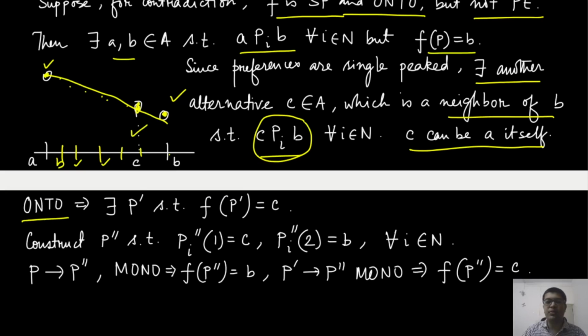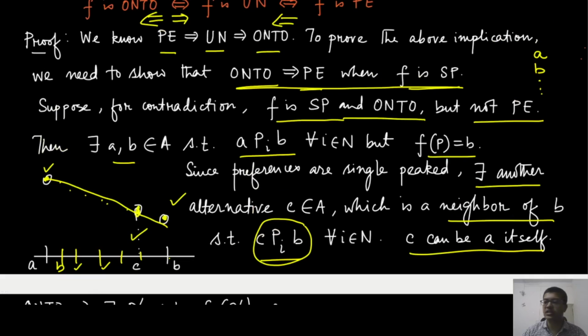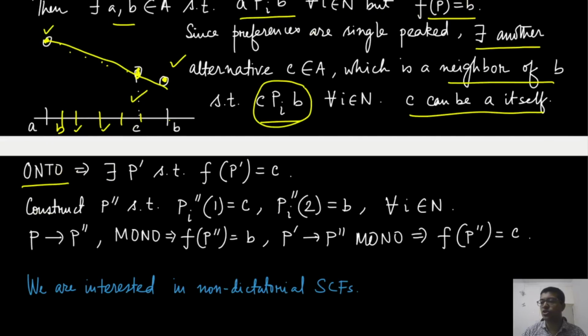Now we apply the property of ontoness. We are going to prove that this social choice function is strategy proof and onto. So ontoness says that there must exist some P prime, some preference profile, for which the social choice outcome is C. Fine. Now we are going to construct P double prime in a way such that P double prime lives in the single peak domain.